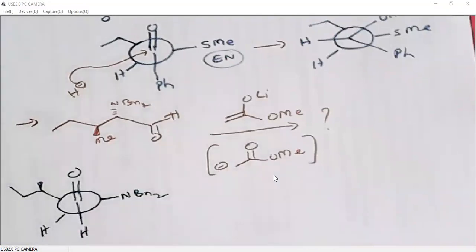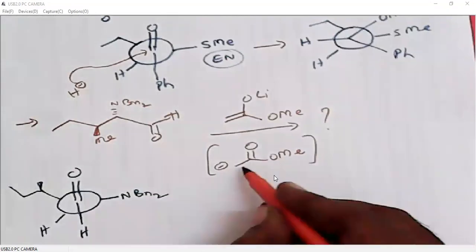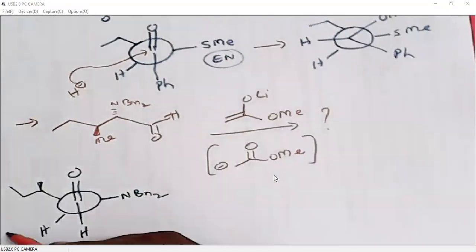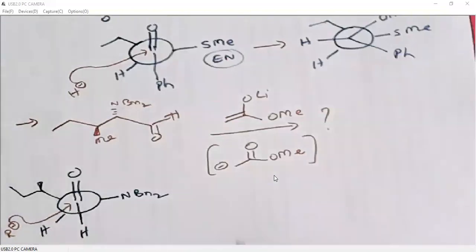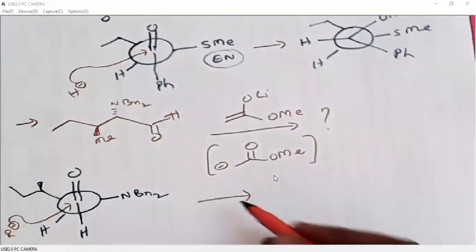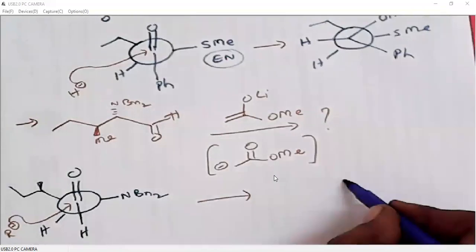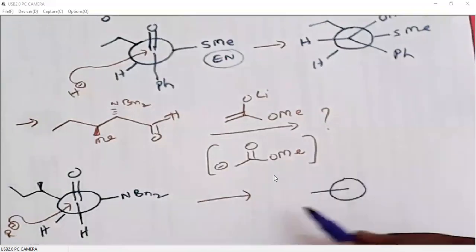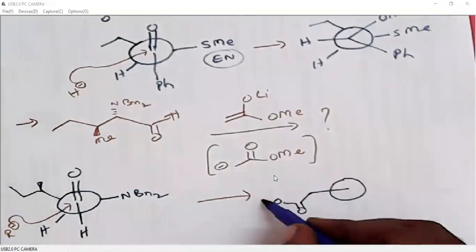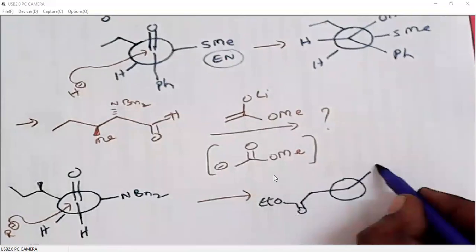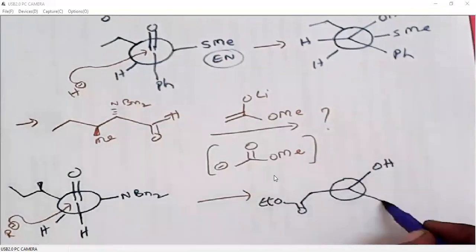Then this nucleophile will approach this molecule from this direction. So the Burgi-Dunitz angle. The product will be, so this nucleophile, what is this? This is an ester, right? Ester, and we will have OH here, of course hydrogen.